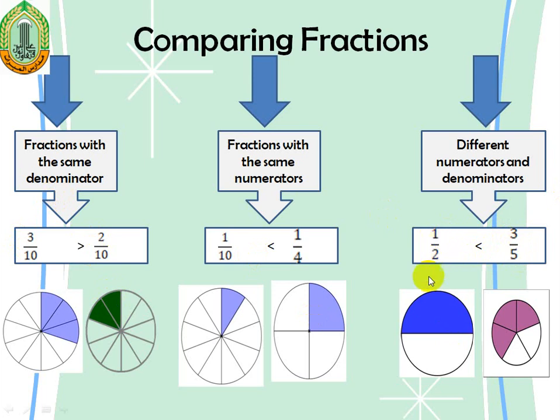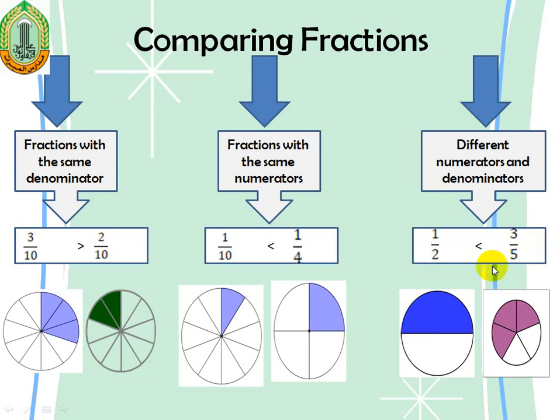Then we could change the denominators into a unified one, for example, by finding the least common multiple between 2 and 5, which is 10. Then 2 times 5 equals 10, and 1 times 5 equals 5. So the fraction is 5 over 10. And this one, 3 times 2 equals 6, 5 times 2 equals 10, so it's 6 over 10.